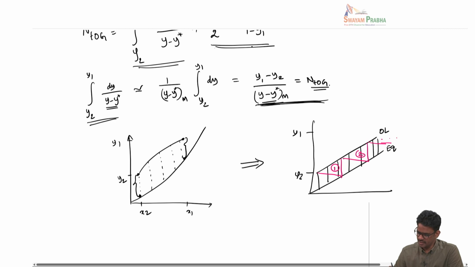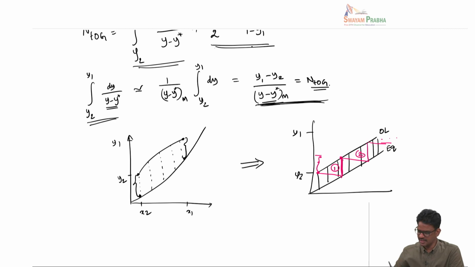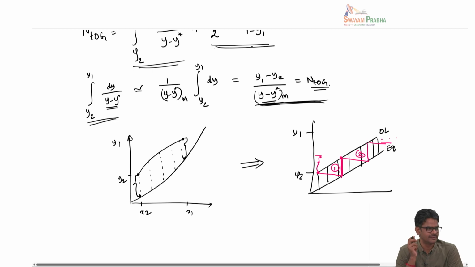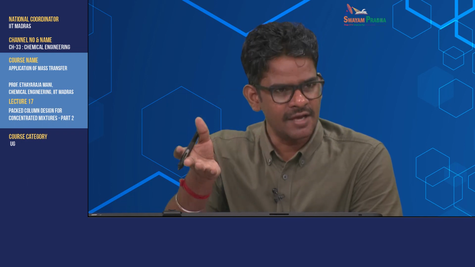If you look at this step, this is the actual concentration change going from this point to this point, right? This is the actual concentration change in the operating line, that is exactly equal to the driving force available, and we call that one transfer unit. So in one transfer unit, the actual composition change is equal to the average driving force available.